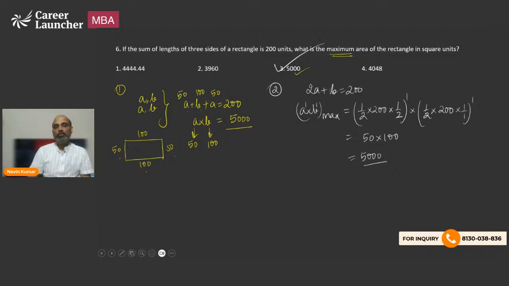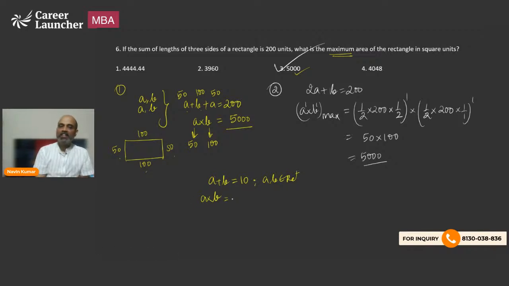Neha, minimum will not be asked. Simple logic exists here, which says that if you have the sum of two numbers, let's say a plus b is equal to 10, what about the value of a into b? See, a and b are supposed to be positive real numbers, zero is not allowed.